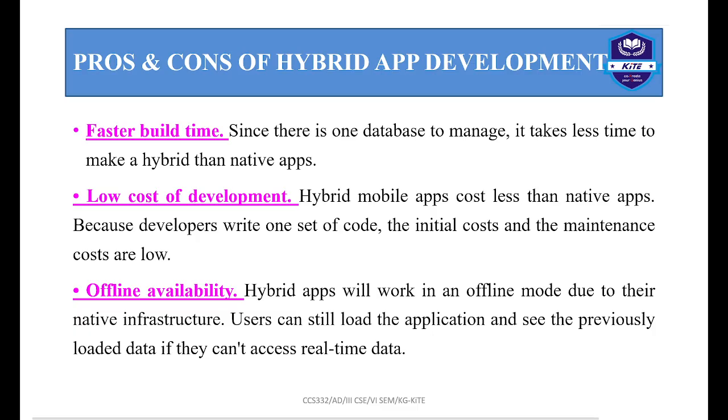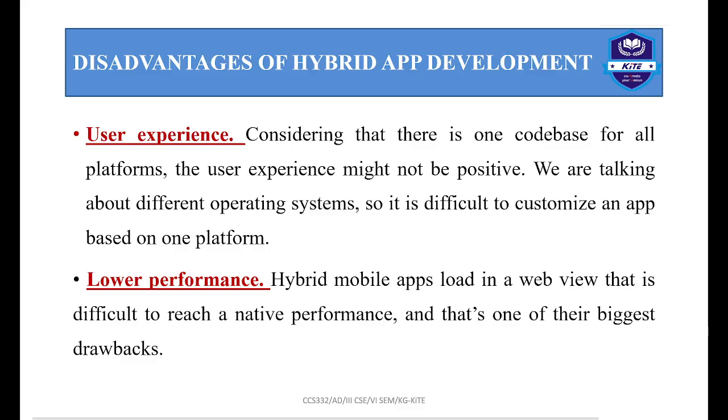This is one of the advantages of hybrid app development. The next is offline availability. Hybrid apps will work in offline mode due to their native infrastructure. The user can load the application and see previously loaded data if they cannot access real time data. So it could be navigated.